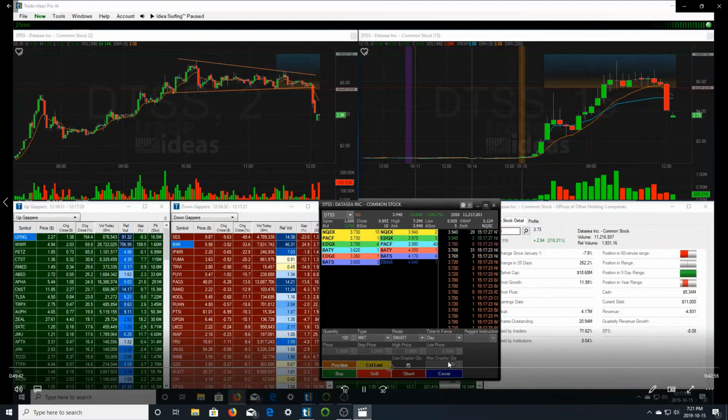Still looking very heavy. So it is consolidating as anticipated right in this range. So that's why we took some profits here.